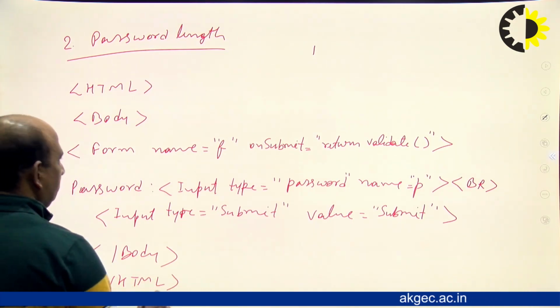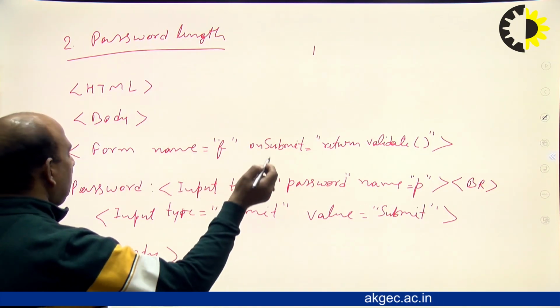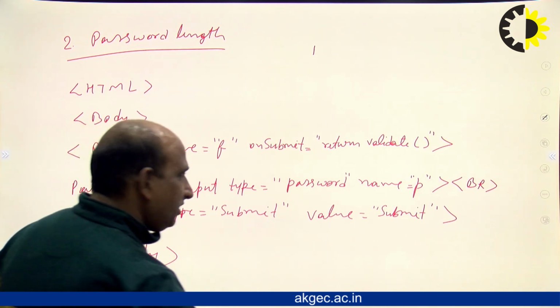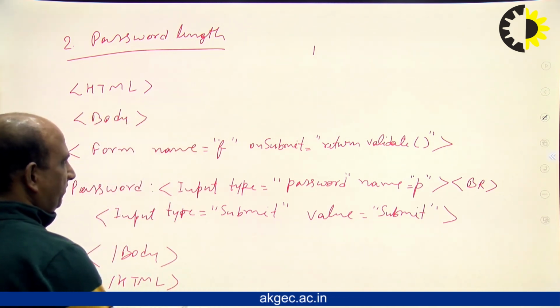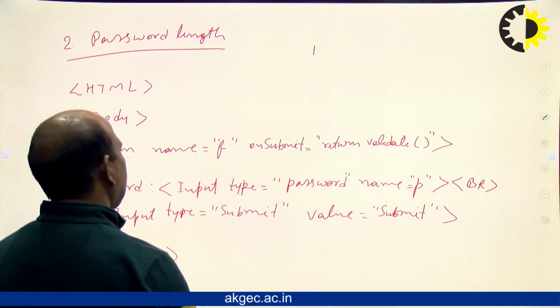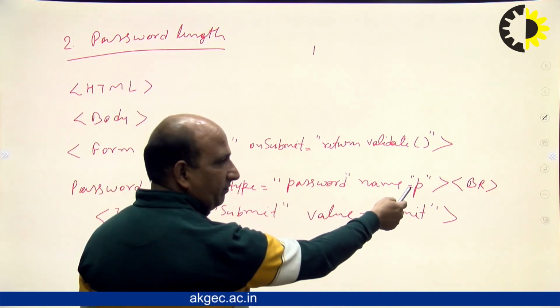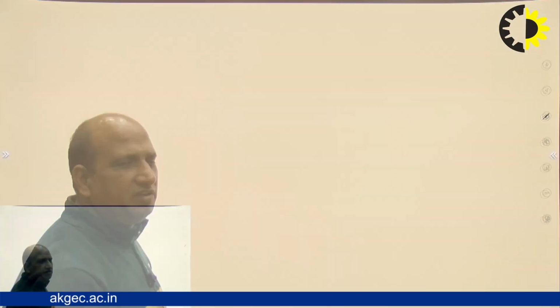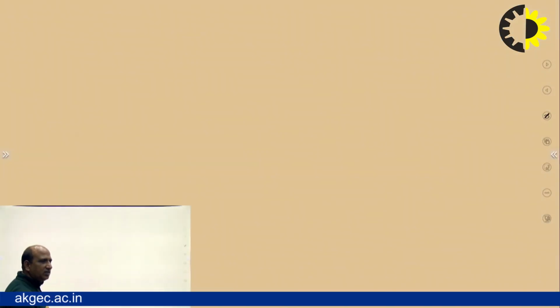This script may be written somewhere else, to be used externally. So this way you have created the form, and I want to check in this password field P that the minimum length should be 6 or more. That means less than 6 characters should not be there. If it is less than 6 characters, the form should return false, and an alert message should be prompted on the client screen.